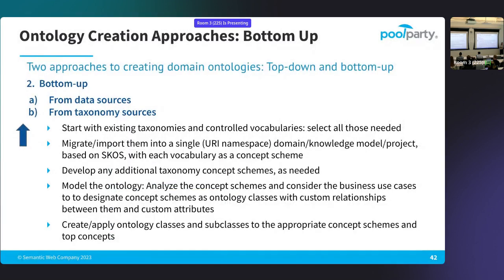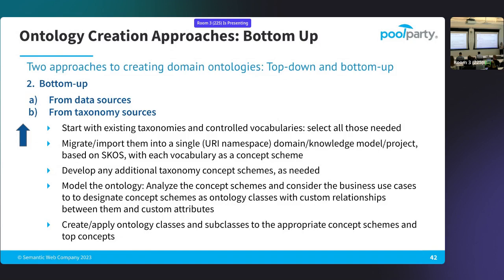And then the bottom-up approach is starting with taxonomies, or even further back, let's back it up, data sources and taxonomies. Starting with existing taxonomies and controlled vocabularies, select what's needed, and migrate and import them into a single URI namespace so that you're creating your single taxonomy project there. And this would be based in SKOS.